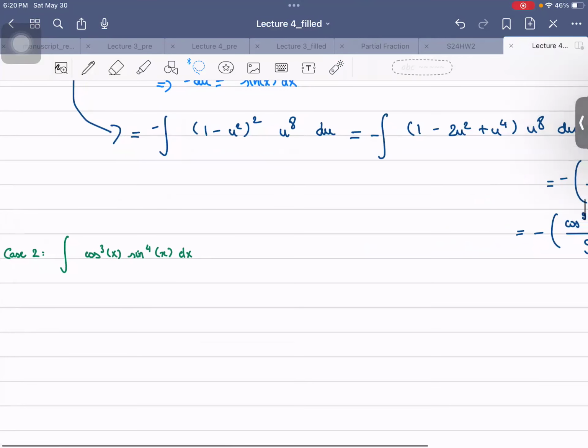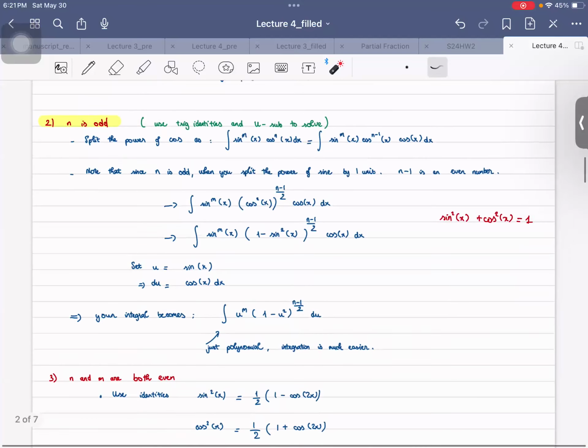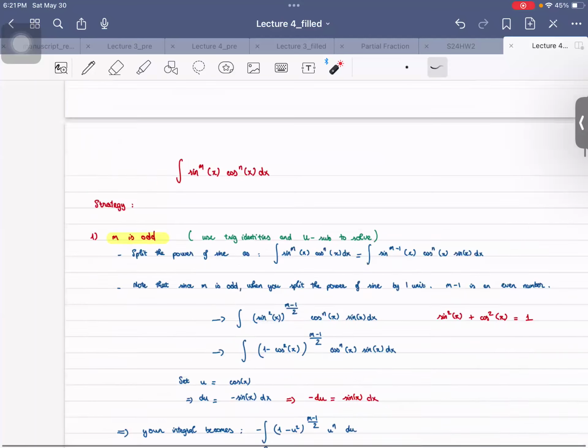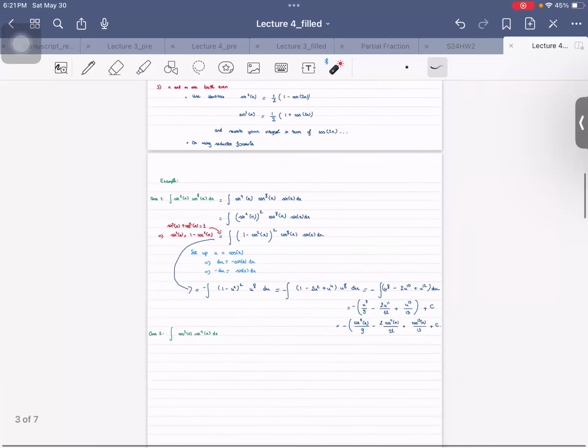You look at this and notice that the power of cosine is odd, so you're going to split the power of cosine. I don't really care how much you remember this. The tip is: if you look at these two and one of the powers is an odd number, you split the power of that one.